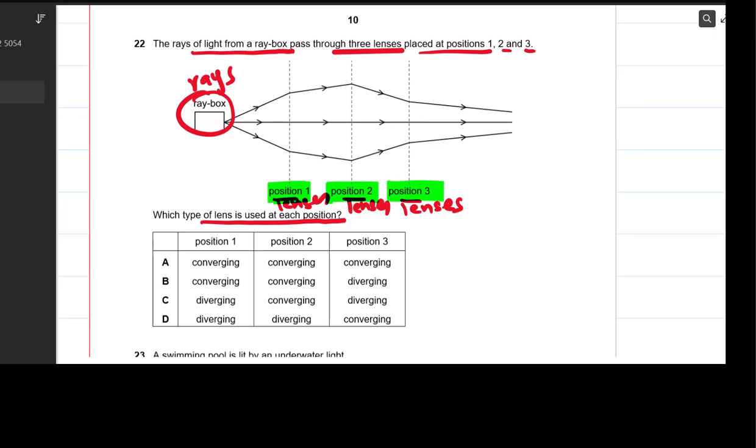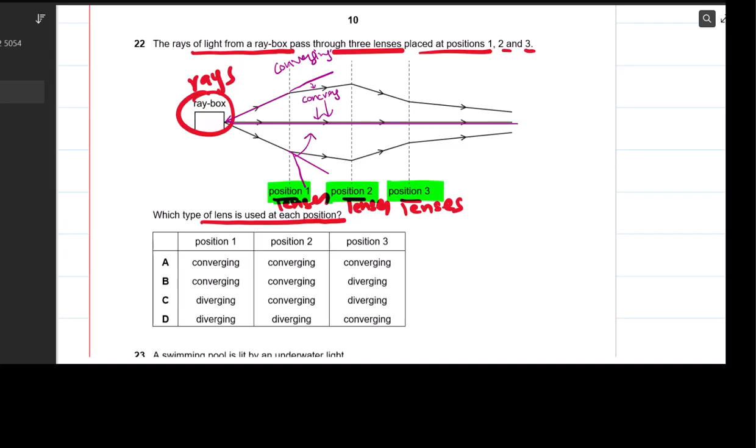So you can see light is going, the ray is going here. Now, instead of passing straight, it is bending, meaning converging here, bending towards this point. Because a ray which passes through the center of the lens goes straight, it never bends. So it is bending towards this, so it is a converging lens. You can see from here as well, instead of going straight or going away, it is bending towards the center.